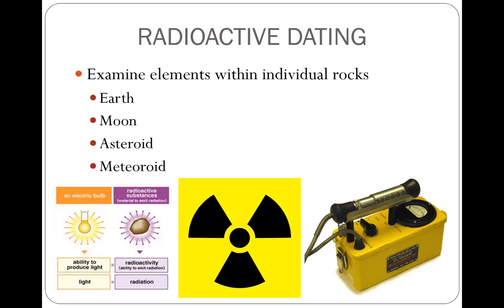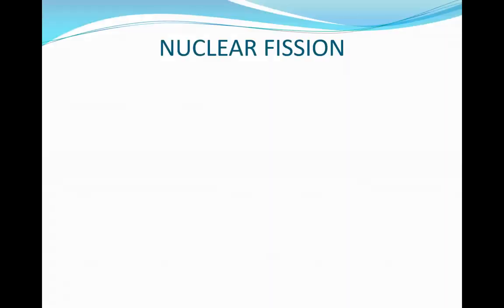But all four of these types of rocks, we can analyze their composition. And by knowing their composition, we can figure out their date or their age using this process that we're about to talk about right here. And it turns out that the process of radioactive dating relies upon this process in physics called nuclear fission.